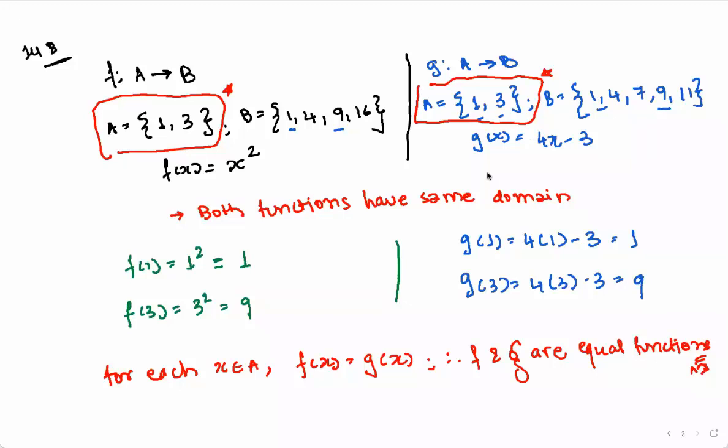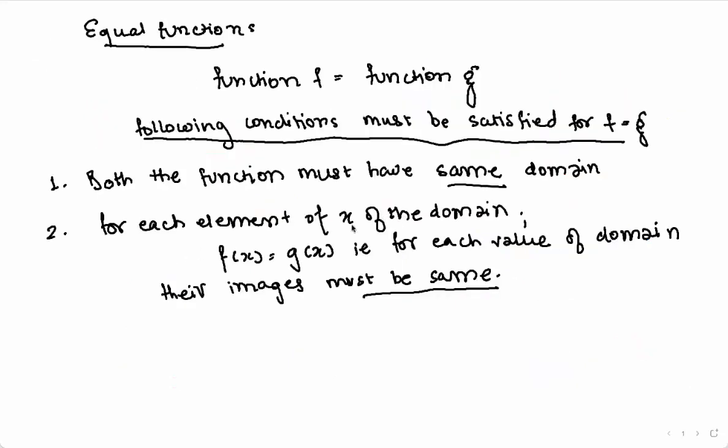Their images are also the same. Hence we say f and g are equal functions. So both the conditions: for each element x of the domain, f of x is equal to g of x, that is for each value of domain, their images must be the same.